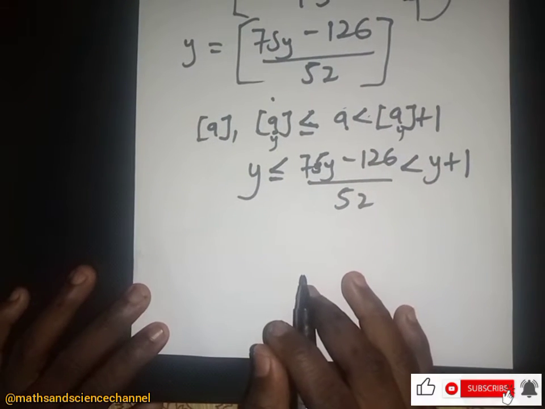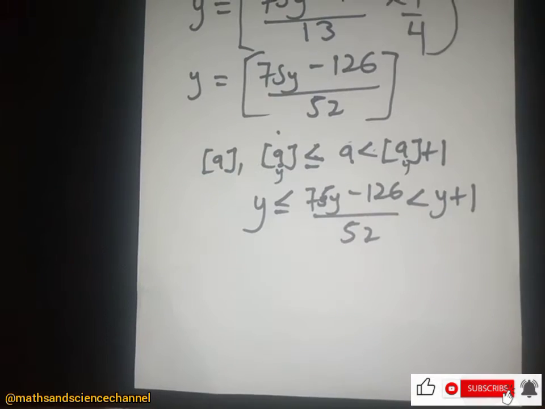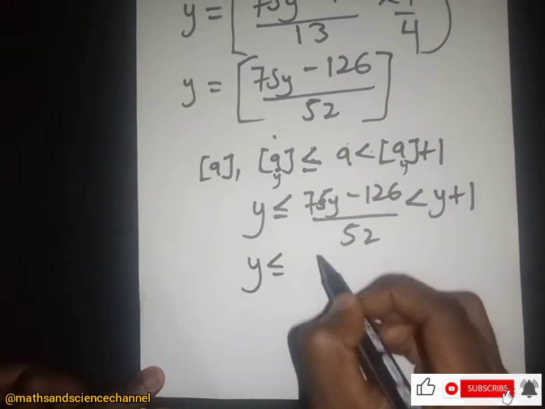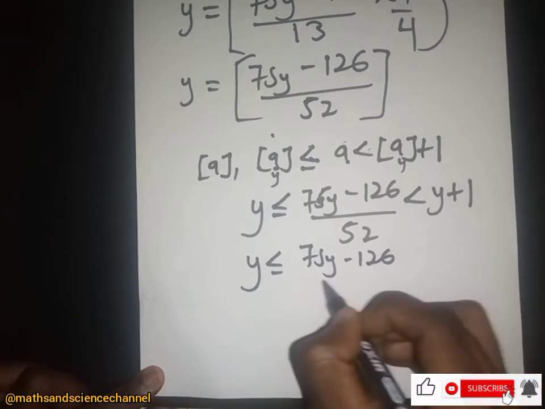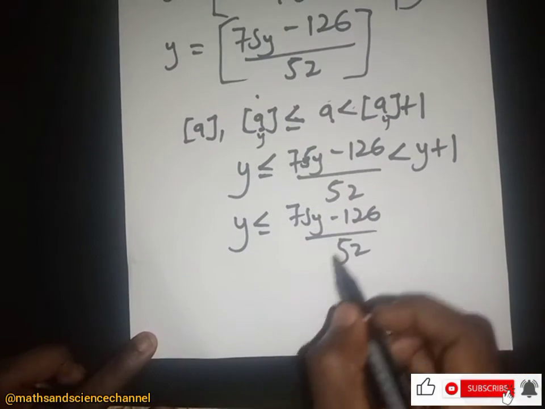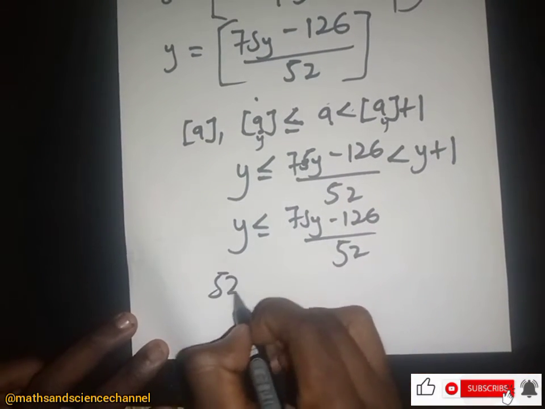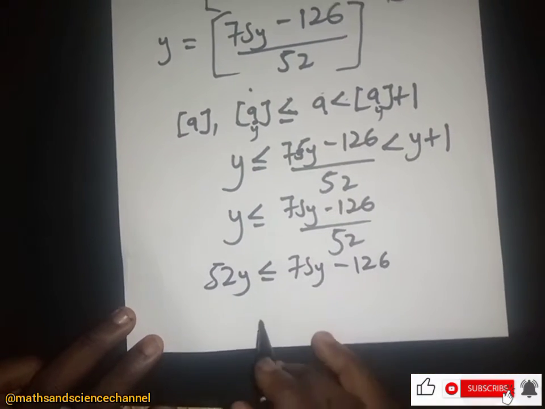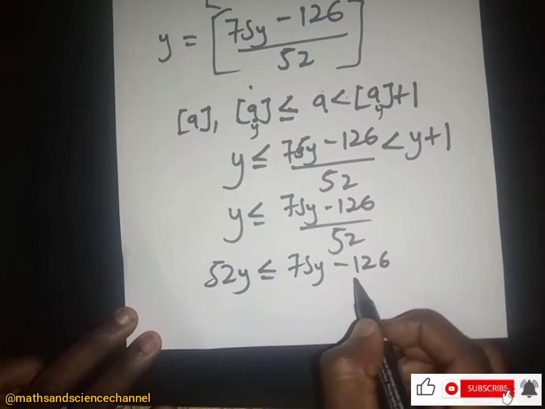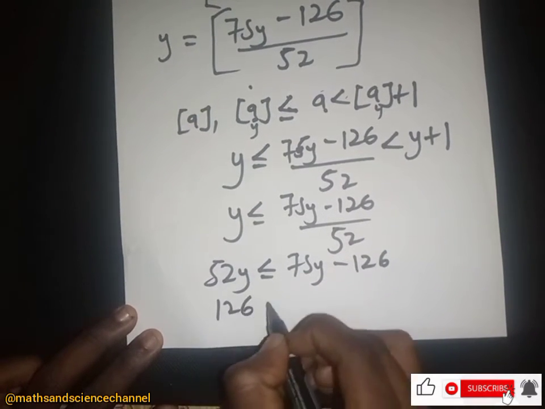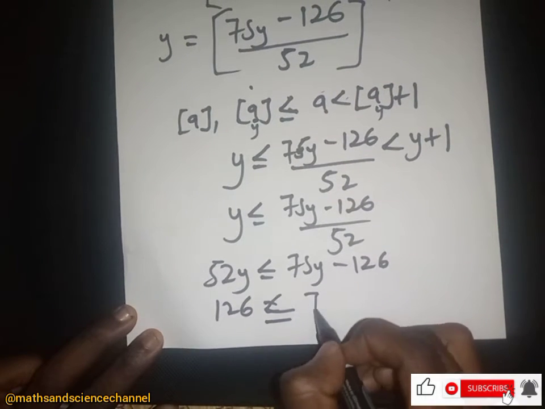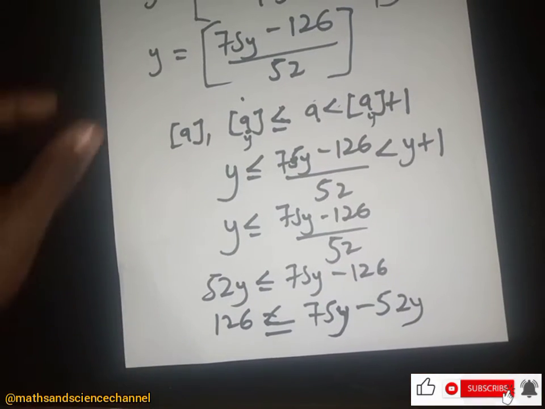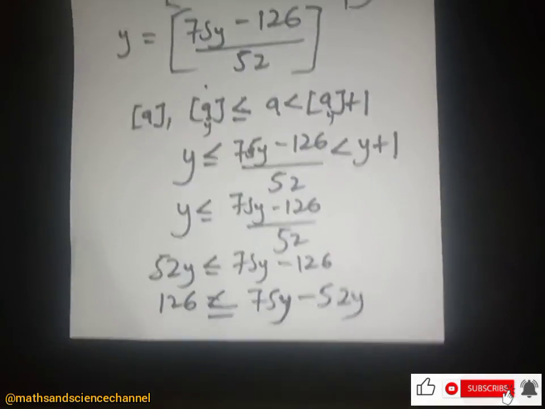Now what we are going to do next is to solve. So we are going to take each of the sides and solve. Let's take the first part: 75y minus 126 being divided by 52. So 52 goes there, so 52y less than or equal to 75y minus 126. So let's group like terms: 126 is less than or equal to 75y minus 52y.